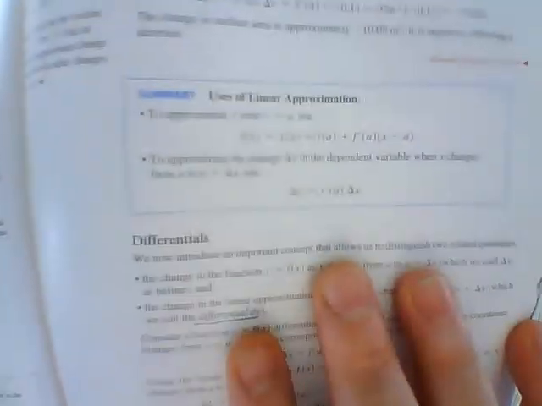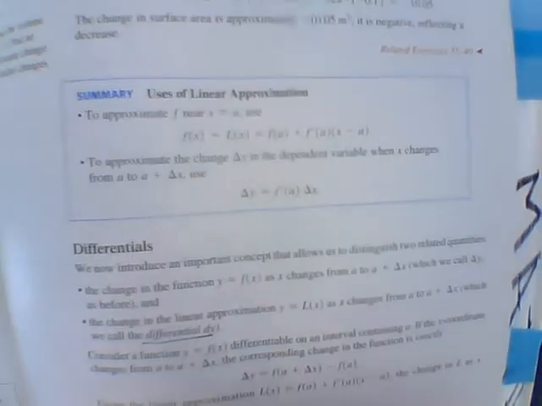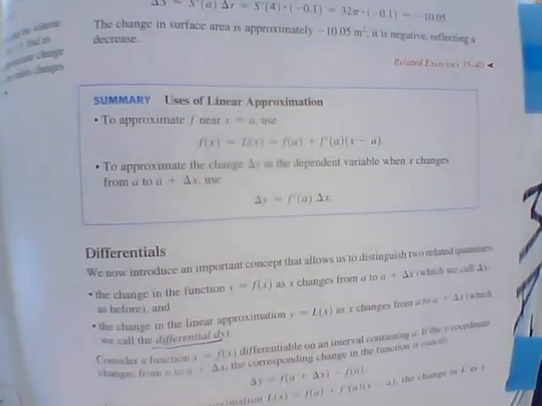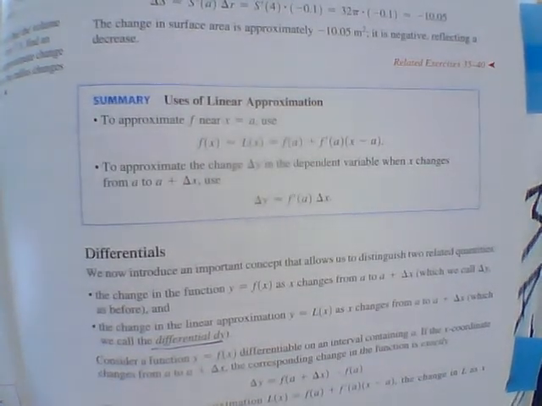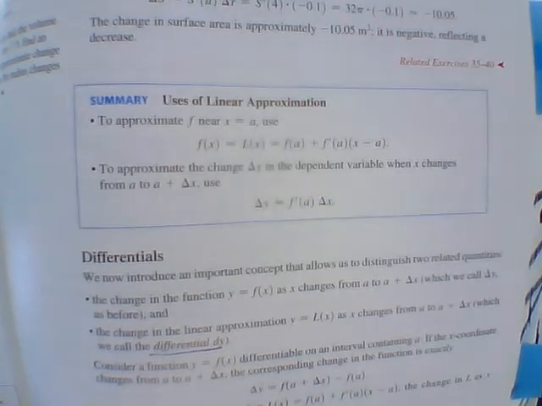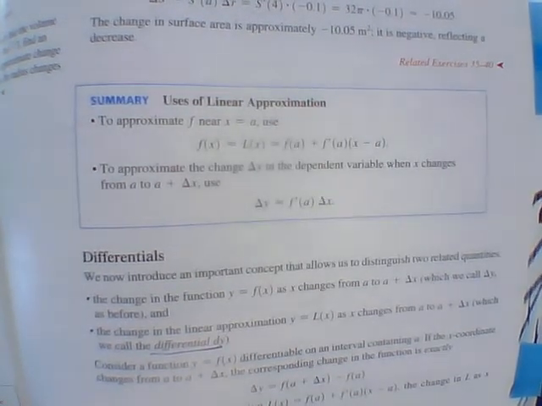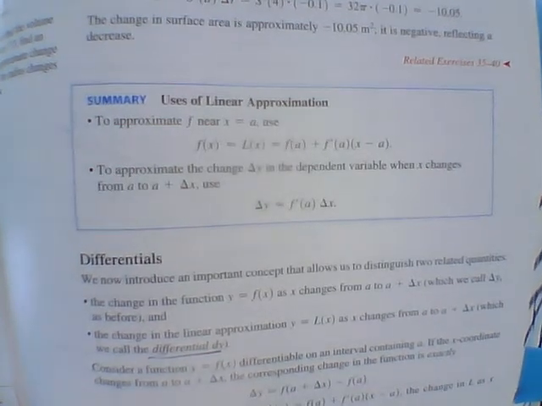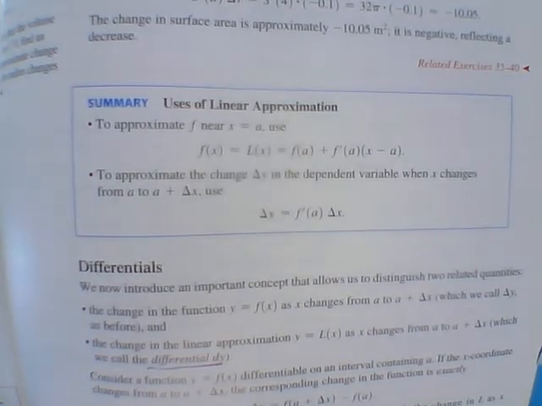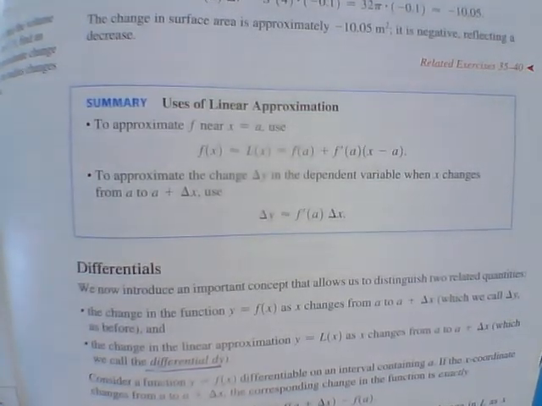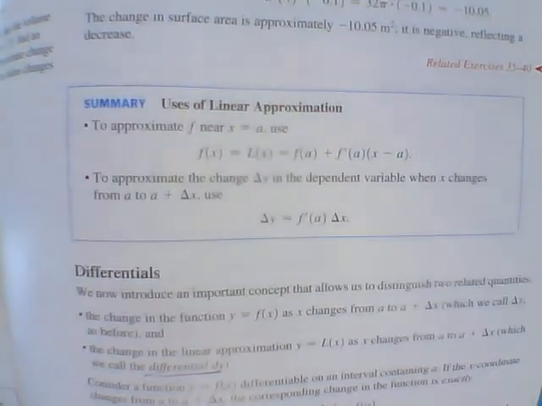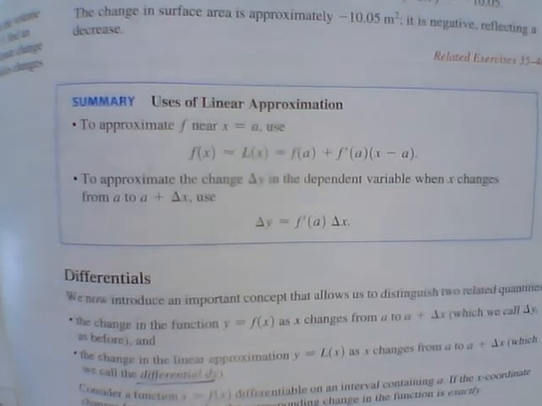We come over here to the uses of linear approximation. To approximate f near x = a, use f(x) is approximately the linear approximation, which equals f(a) + f'(a) times the quantity (x - a). To approximate the change delta y in the dependent variable when x changes from a to a plus whatever that x change is, we use f'(a) times that change.